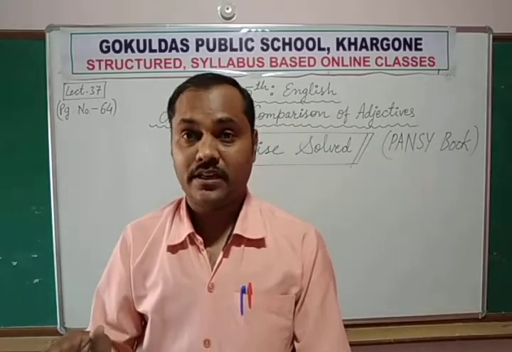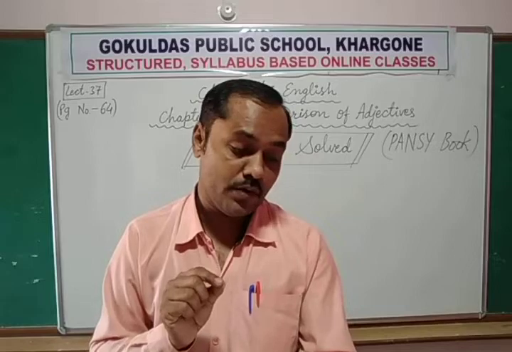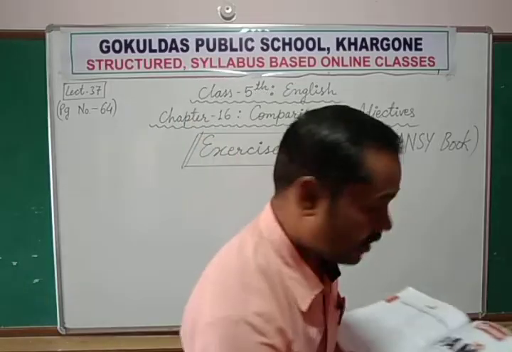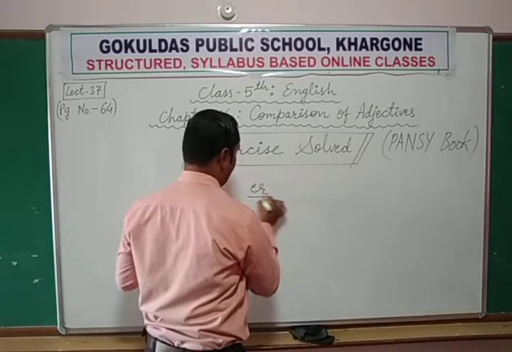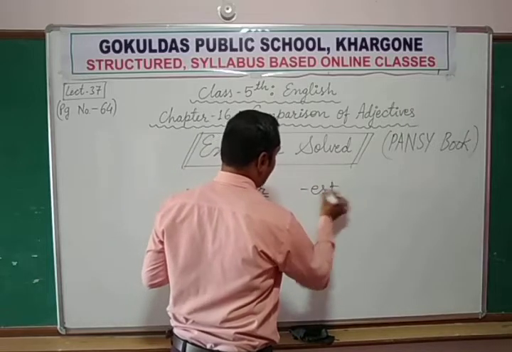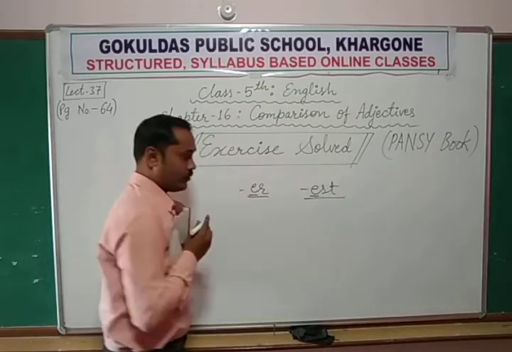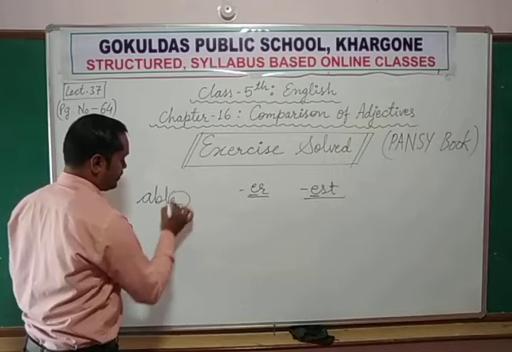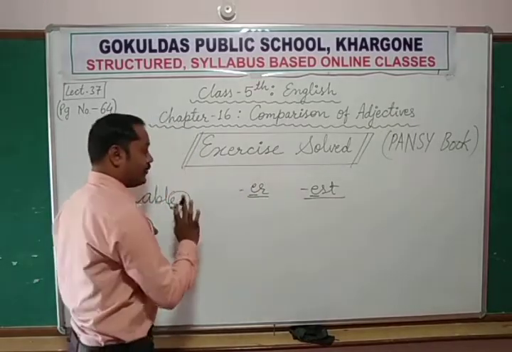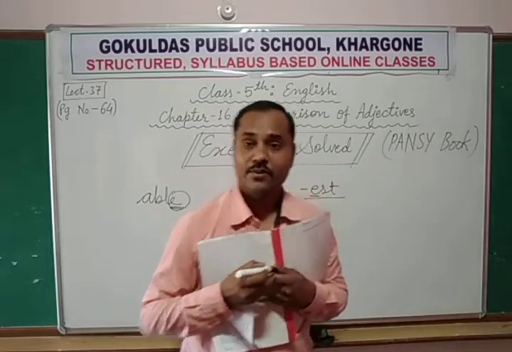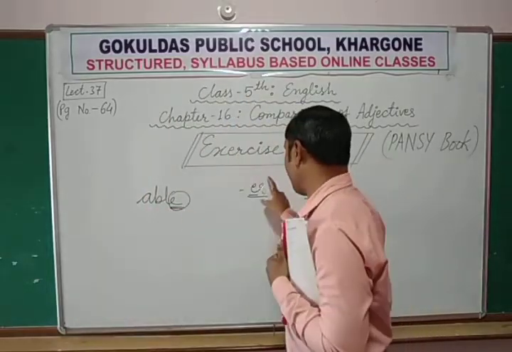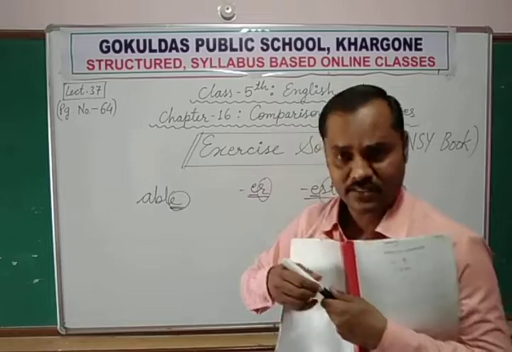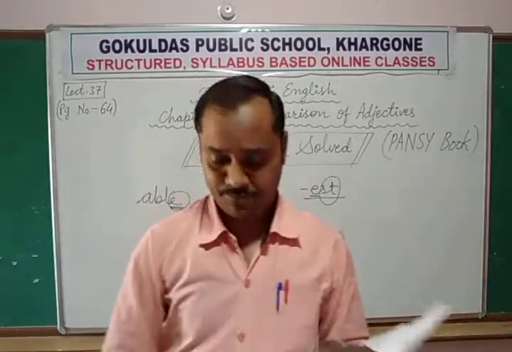To avoid the repetition of E, we add only R and ST. Generally we add ER or EST, but E is already in the word able, so we are not going to repeat it. We add only R or ST.